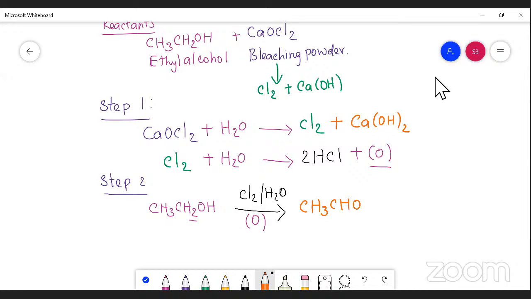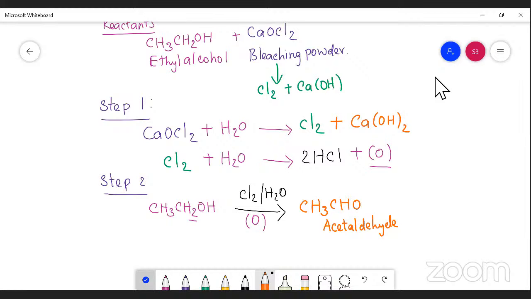Chlorine water acts as an oxidizing agent, produces oxygen, and this oxygen is utilized for the oxidation process. So we get acetaldehyde as a product. Now, this acetaldehyde is further reacted with chlorine.